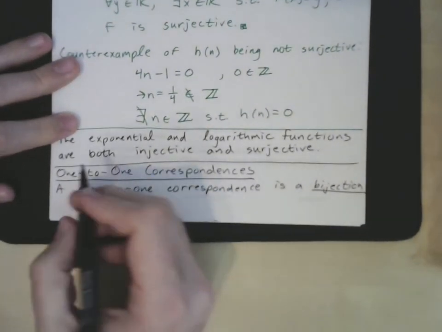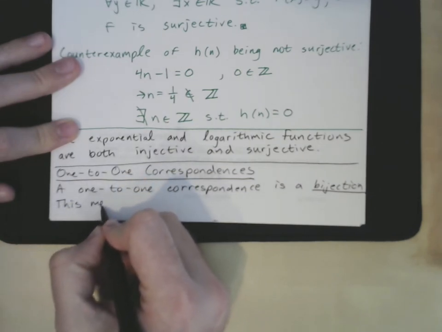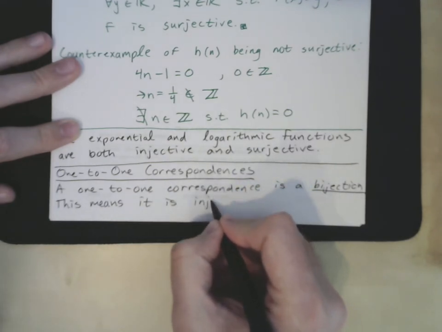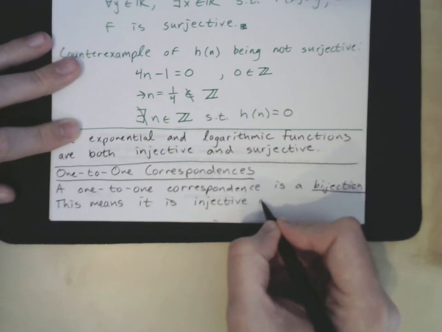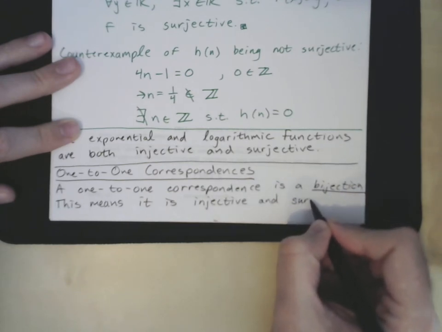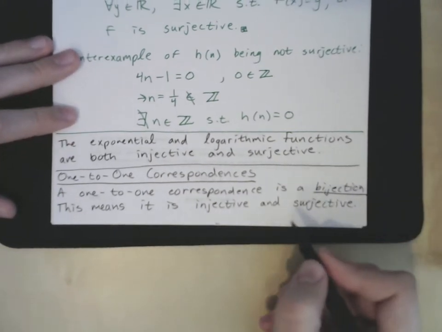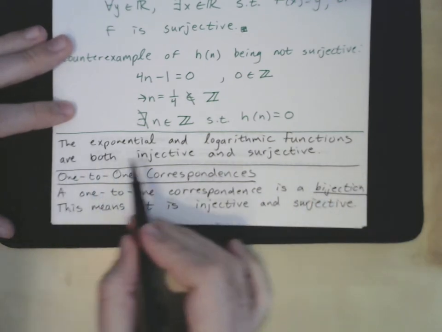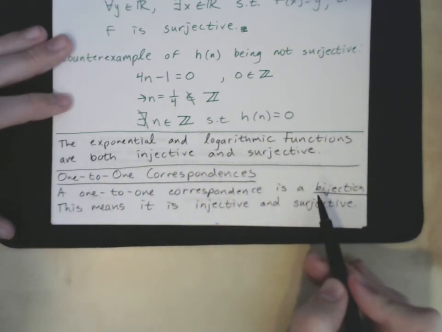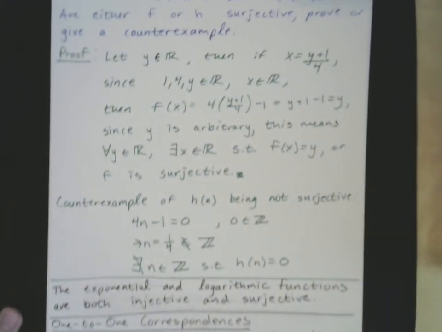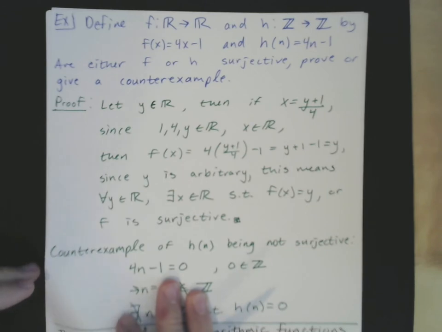And so you may have guessed that this means it is injective and surjective, both of them. So a lot of times we're not going to call it a one-to-one correspondence, we're just going to call it a bijection. And if we call something a bijection, that means that it's both injective and surjective. And so now a common question that we can be asked is to just prove that a given function is a bijection.